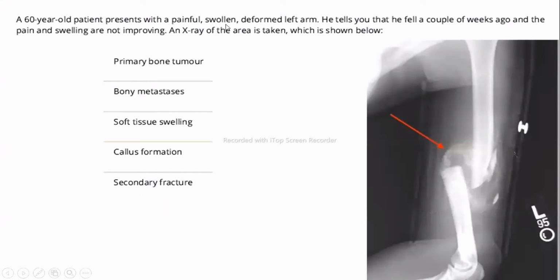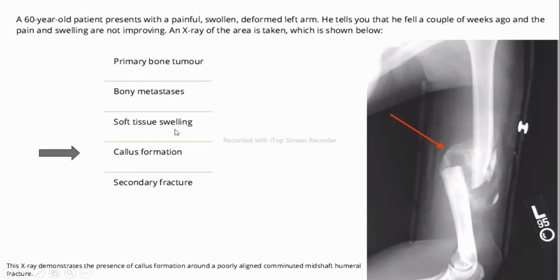A 60-year-old with a painful, swollen, deformed left arm. A couple of weeks ago, and the pain and swelling are not improving. The X-ray is showing this. What is the abnormality here? Callus formation.